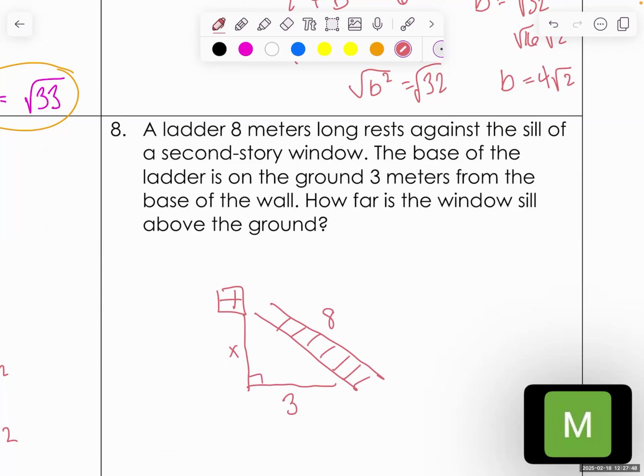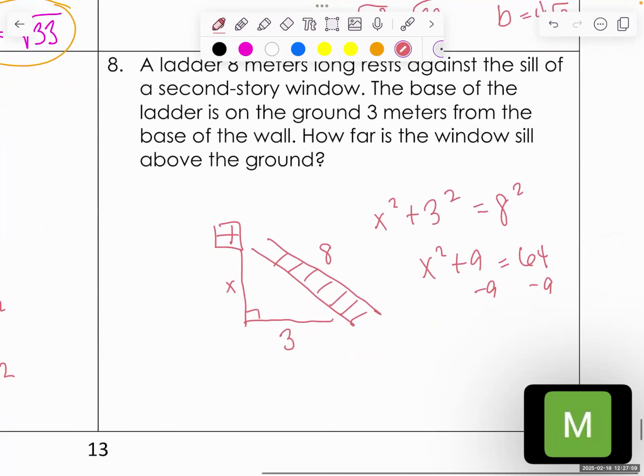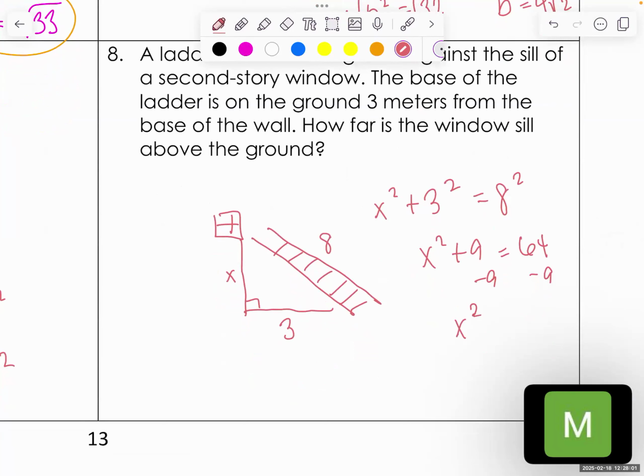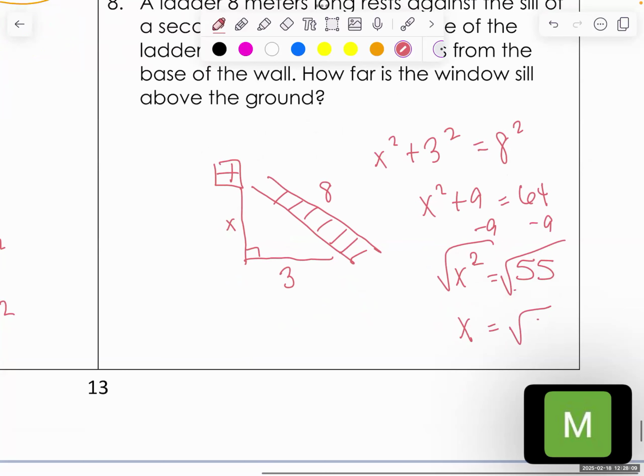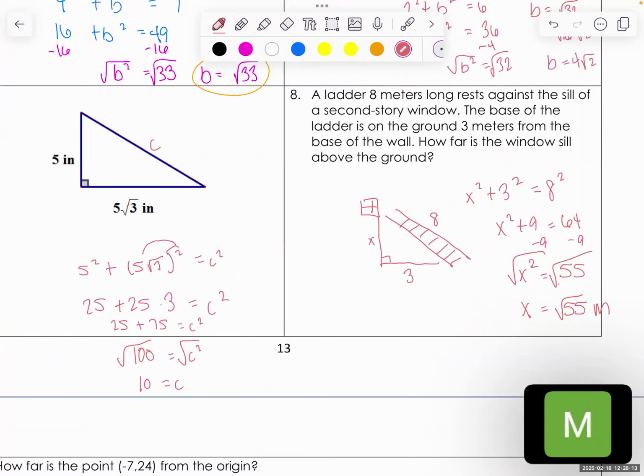This makes a right angle here, and I get x squared plus 3 squared equals 8 squared. x squared plus 9 equals 64. And x squared equals 55. There's no perfect square. So it would be square root of 55 meters. Don't forget to put your units.